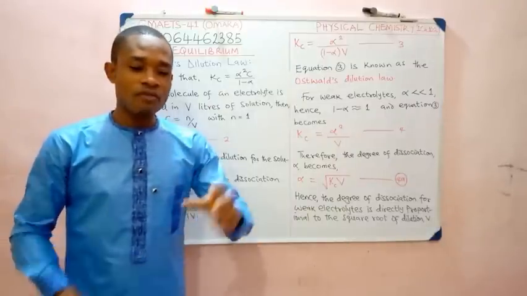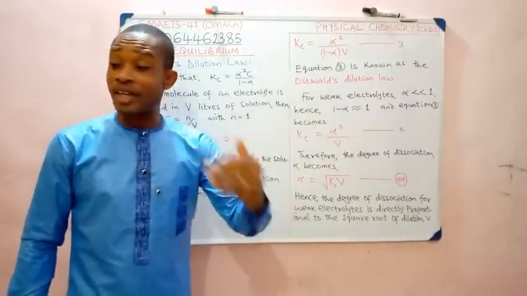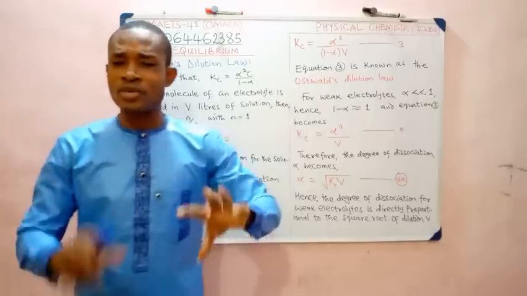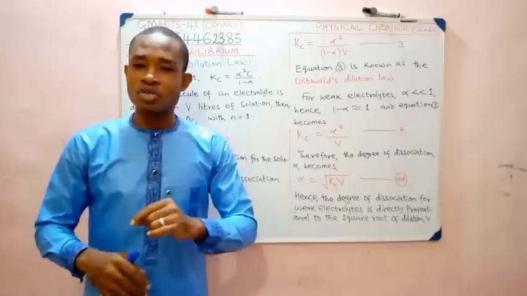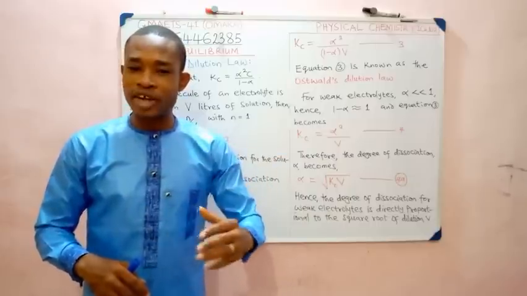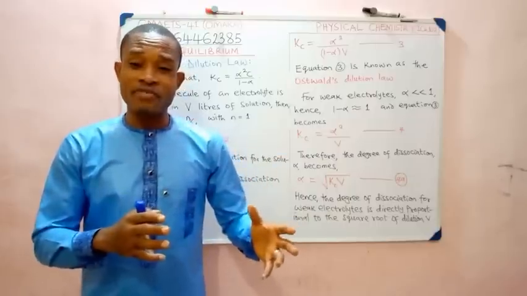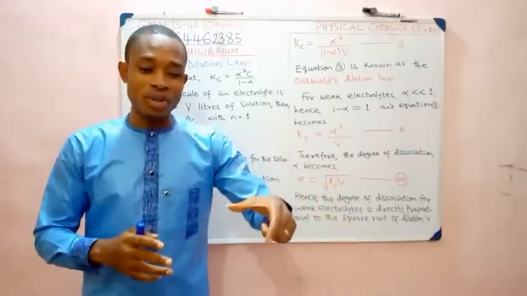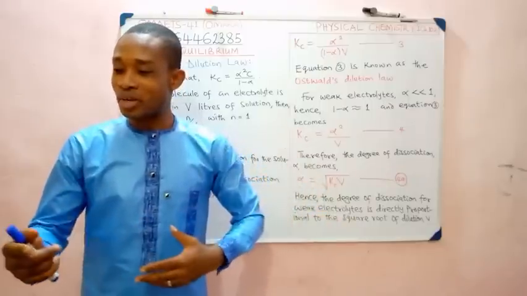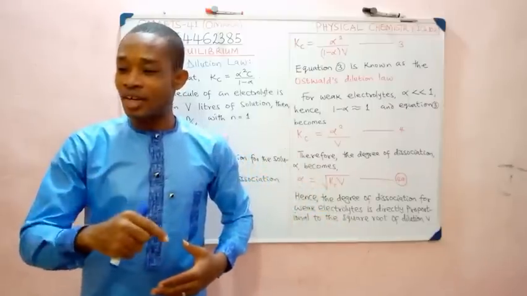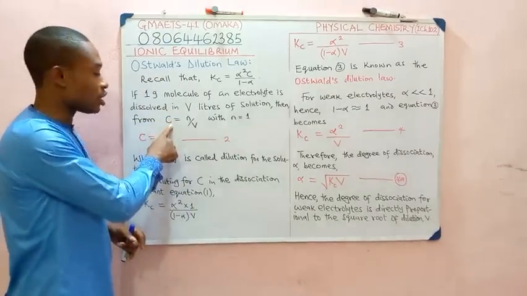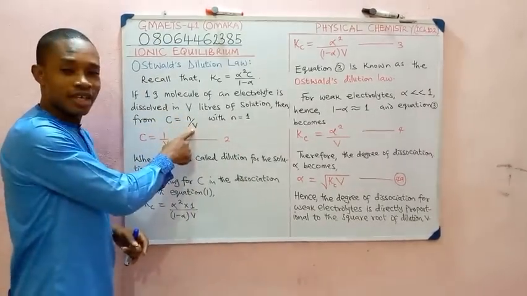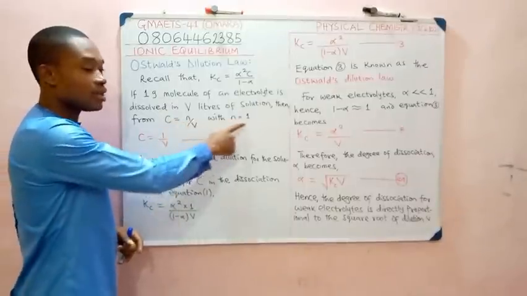We can write an equation for molar concentration. We know that molar concentration is equal to number of moles divided by volume. So, if we dissolve 1 mole, that's 1 gram molecule, in V liters of solution, you see that this concentration equation will now become 1 over V. Is that okay? Because n is 1.